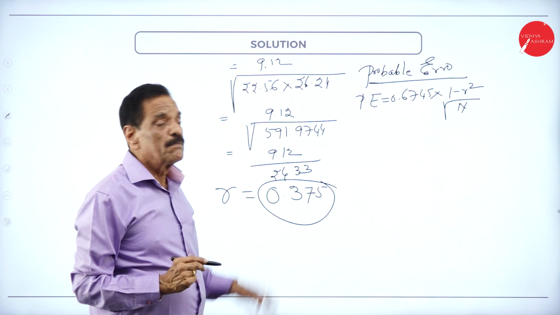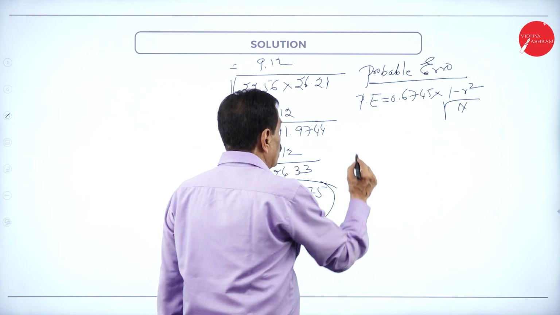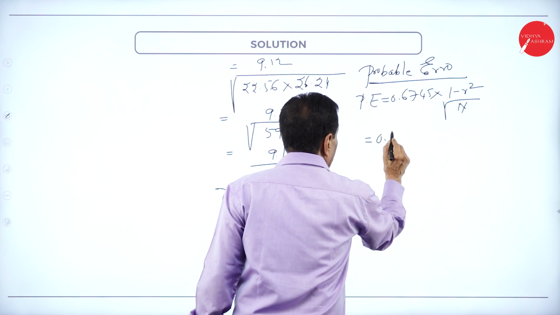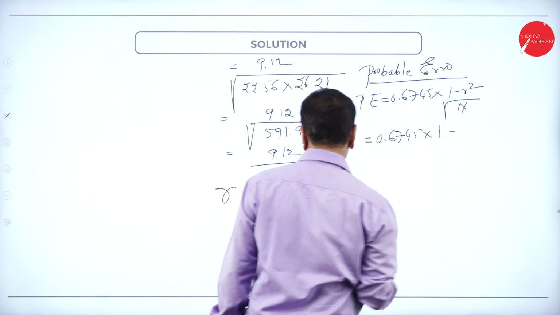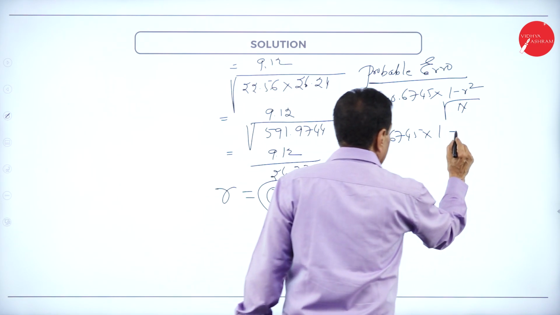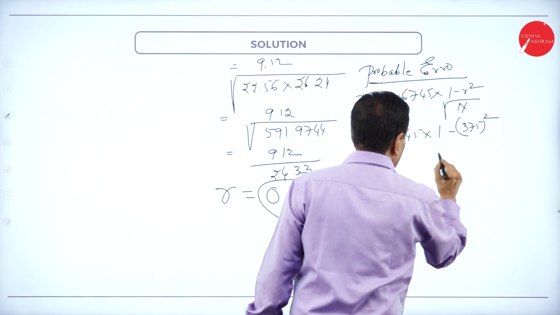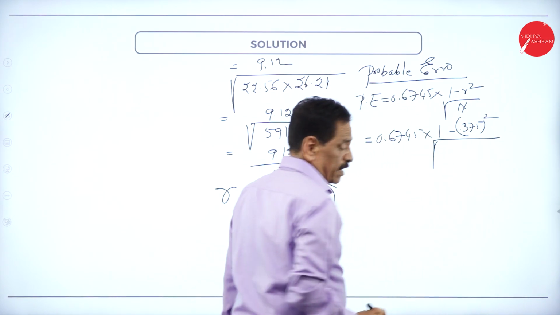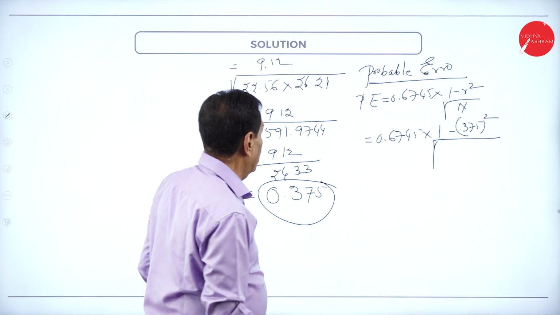You remember: 0.6745 into 1 minus r square divided by root n. This is equal to 0.6745 into 1 minus 0.375 whole square, root of number of frequency, which is 25.